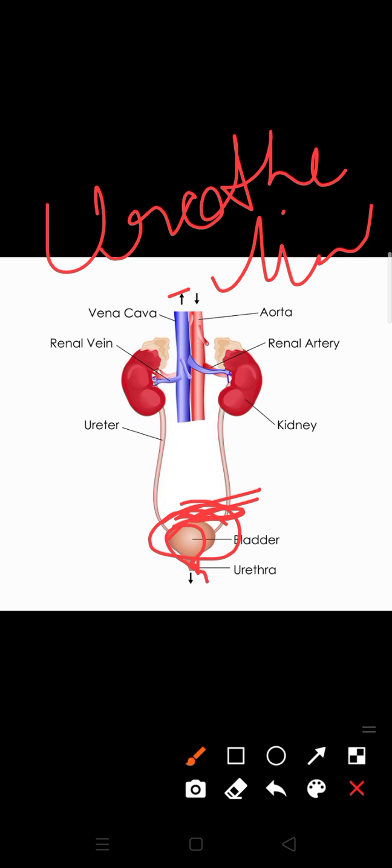That is why we have control when we feel the pressure of urine. But while sneezing or coughing, if you have a very tough cough or sneeze, a small amount of urine passes from the body. Why?